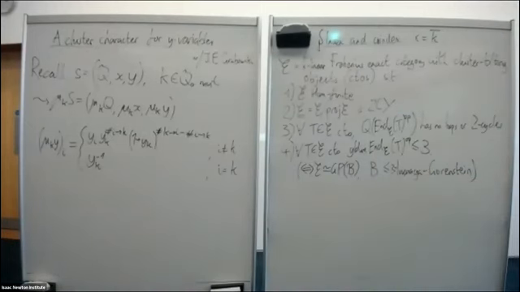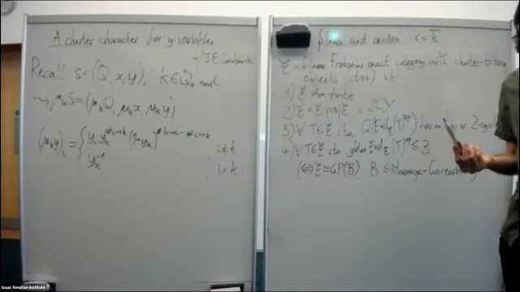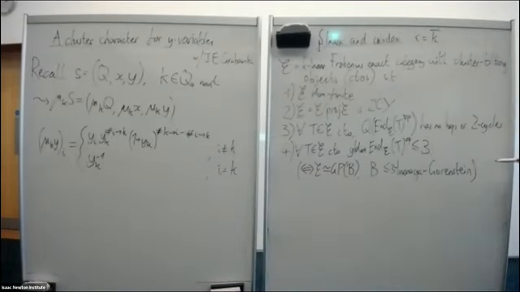And almost every example of a Frobenius categorification of a cluster algebra in the literature that I know is known to be equivalent to a category of this form. There are a few where I don't know it, but I don't know it's false either. This is the generic situation.